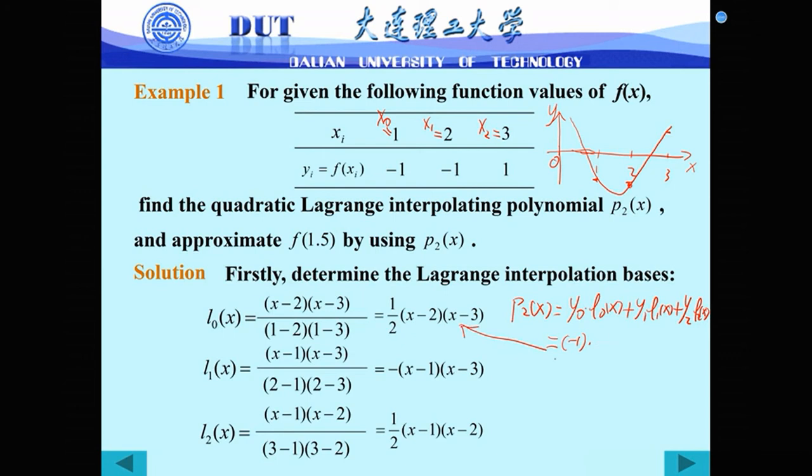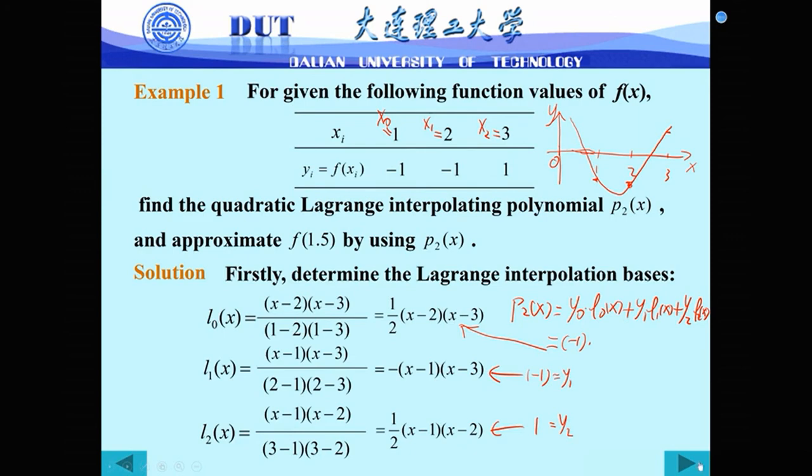And y1 is minus 1, so another minus 1 multiply this L1. And y2 should be 1, right? So multiply this function. Then compute the summation.